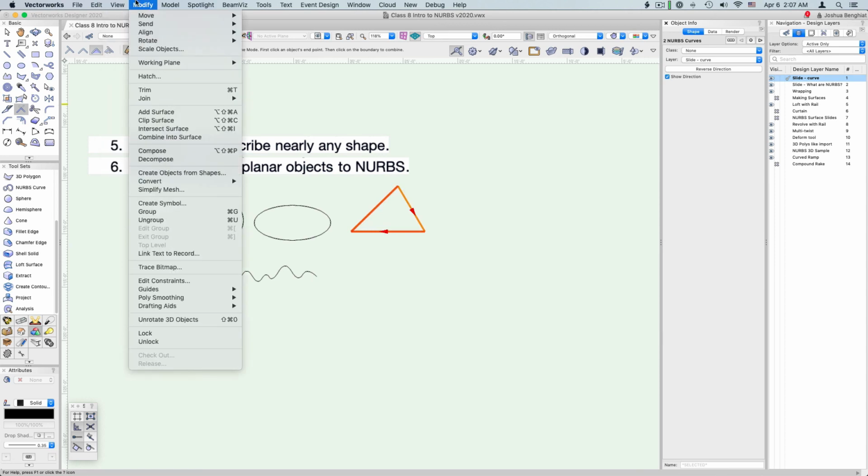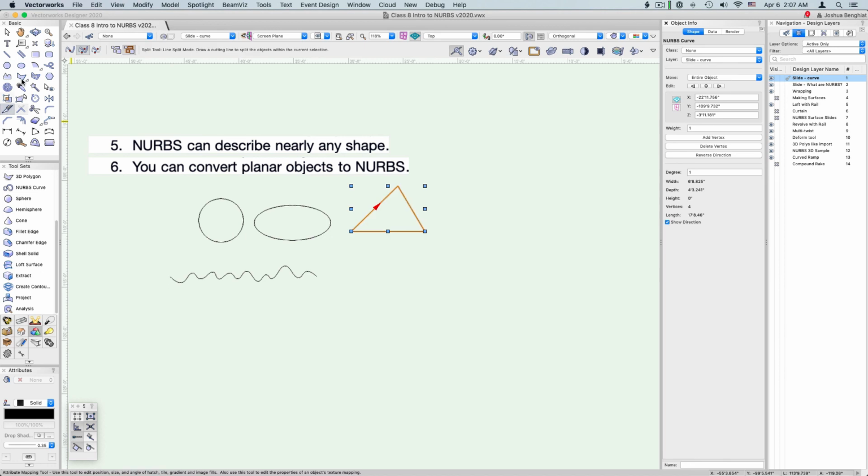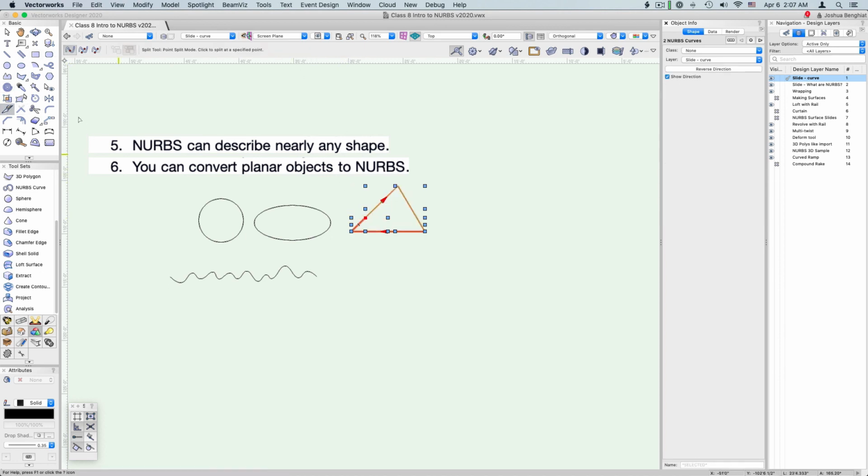We can compose. We can use the Split tool to split at a point. We can use offset. We can use chamfer. So we have those at our disposal.